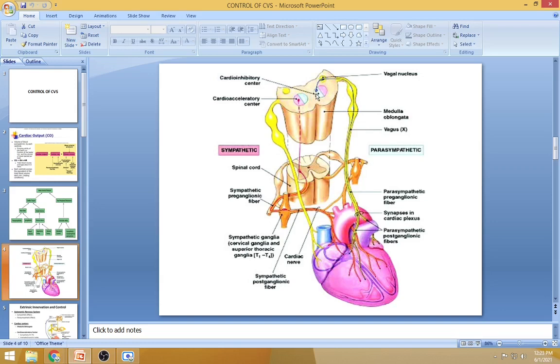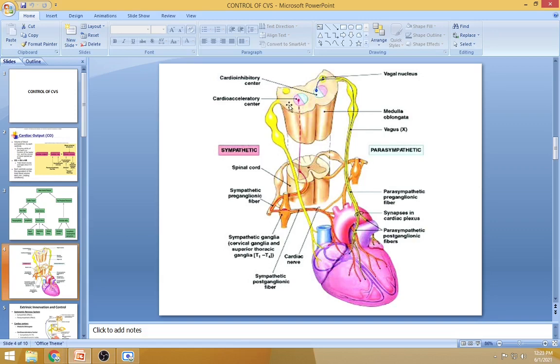From these cell bodies the axons are given off, descend into the spinal cord, into the intermediolateral gray horn, and then come out as sympathetic fibers.